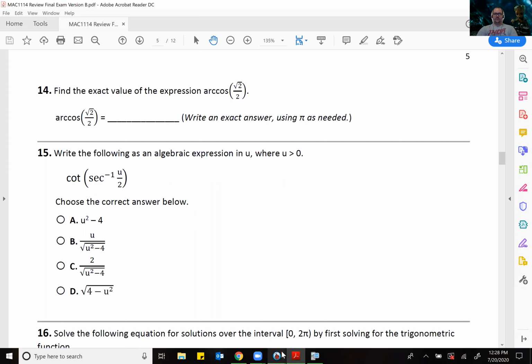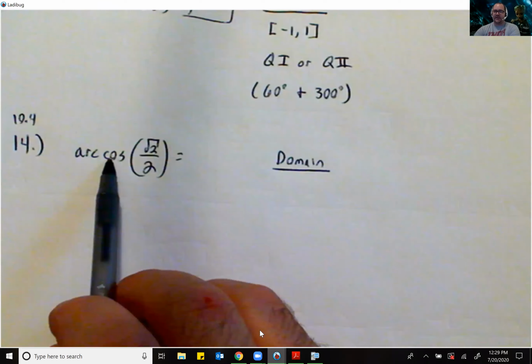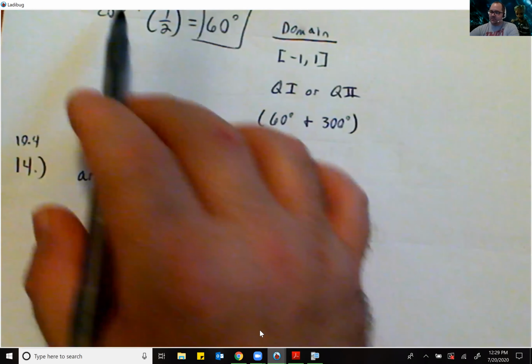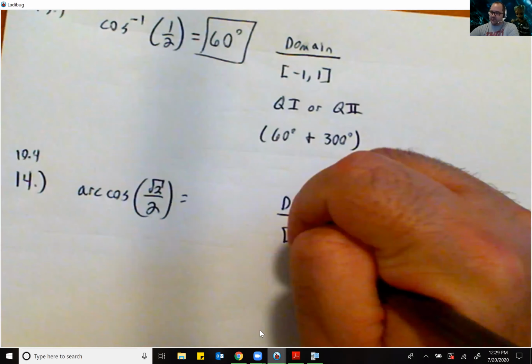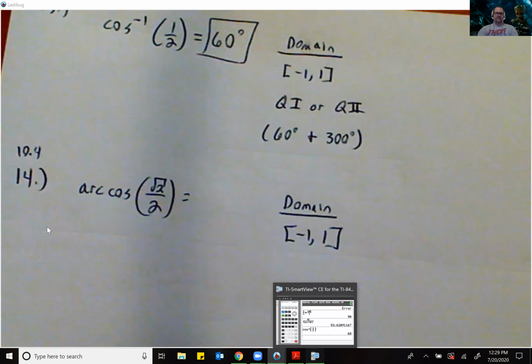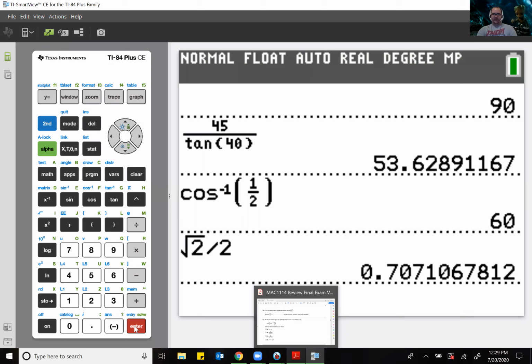Okay, go back to my little page here. Arc cosine is the same thing as just saying cosine inverse. So these two are saying the same thing. So -1 to 1. And if you go to calculator and take the square root of 2 divided by 2, there's our value, and that's definitely between -1 and 1.